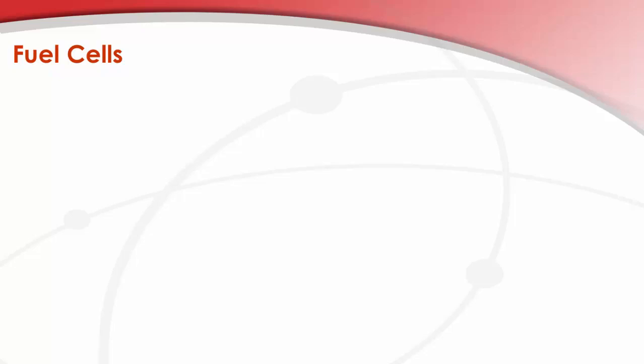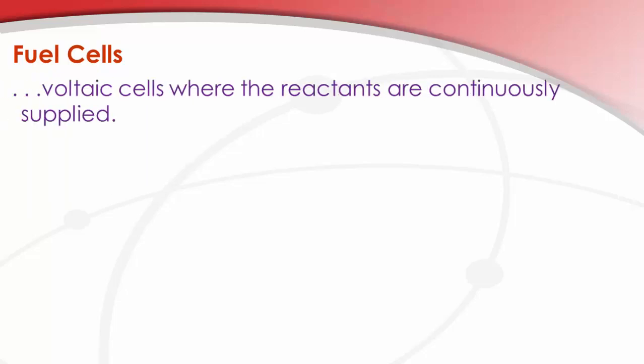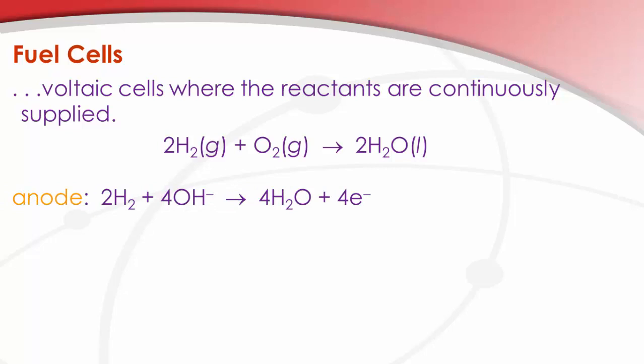Fuel cells are something different. They're interesting technology in the sense that they're a way to generate electricity based on a flow. So we might look at these as an alternative to a gasoline-powered generator. They're voltaic cells, but they're based on reactants flowing into the system continuously. So a hydrogen fuel cell generates electricity by bringing in hydrogen and oxygen, and the only emissions associated with that are simple liquid water.